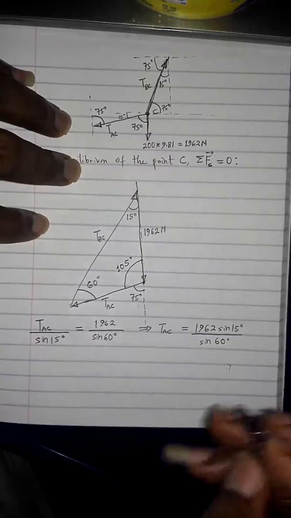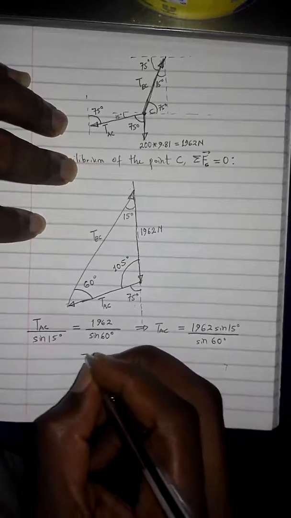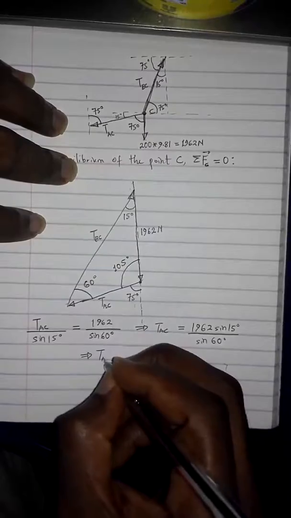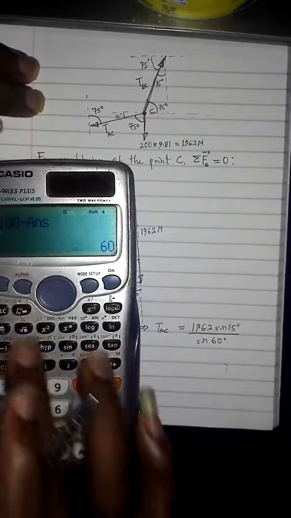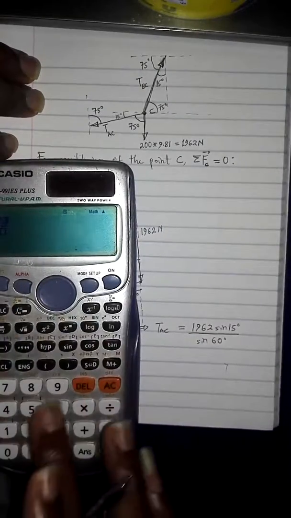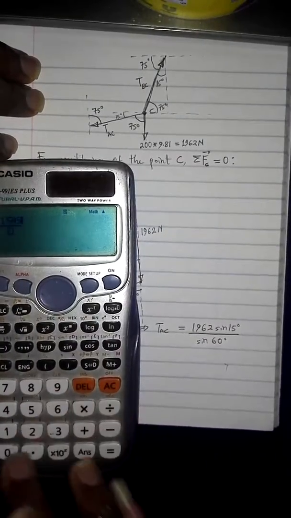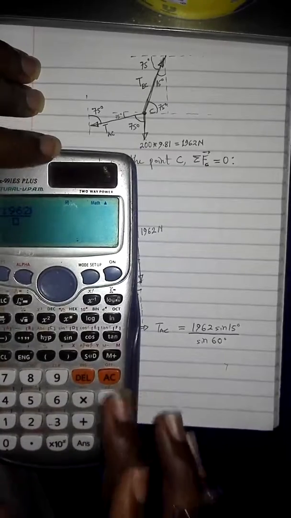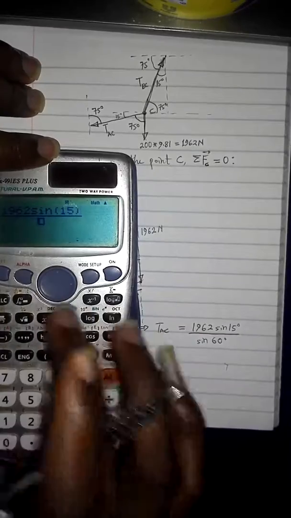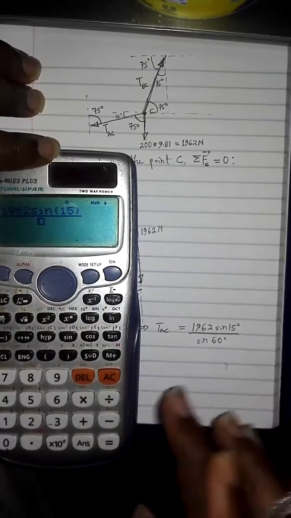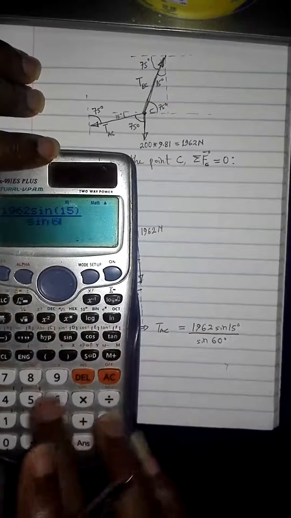Alright, so this is going to give me TAC. So I have TAC equals 1962 sine 15 divided by sine 60.